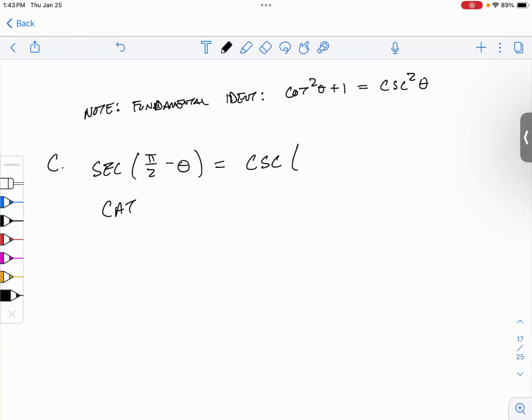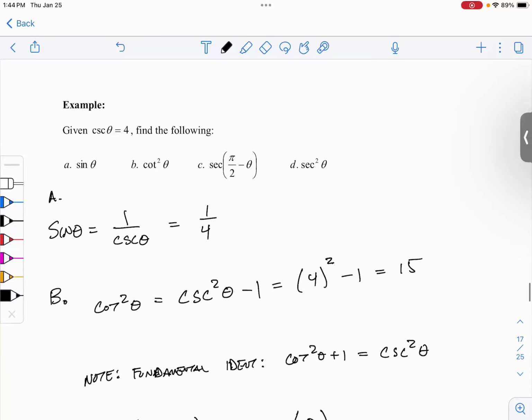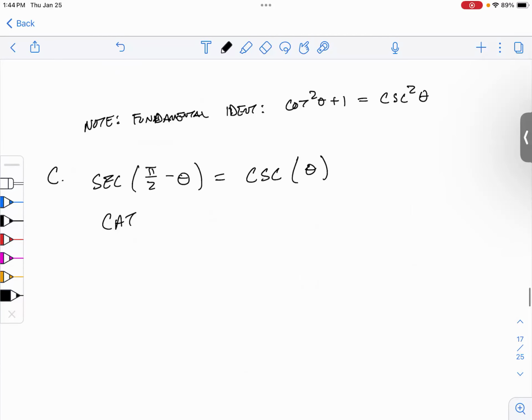And remember, 90 degrees off of theta is just theta. And look at that. We were given cosecant of theta is 4, which means secant of pi over 2 minus theta is exactly cosecant of theta, which is also 4. And that's the beauty of what Cat does. Oh, that was just super easy, right? For something that looks complicated.